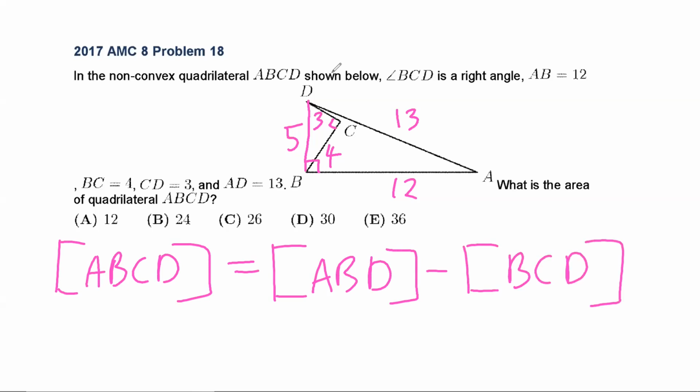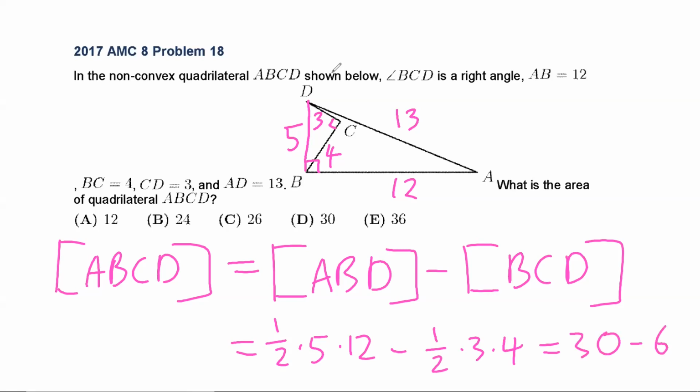ABD is equal to 1/2 times 5 times 12, and BCD is equal to 1/2 times 3 times 4. So this should give you 30 minus 6, which is equal to 24. So the answer is B.